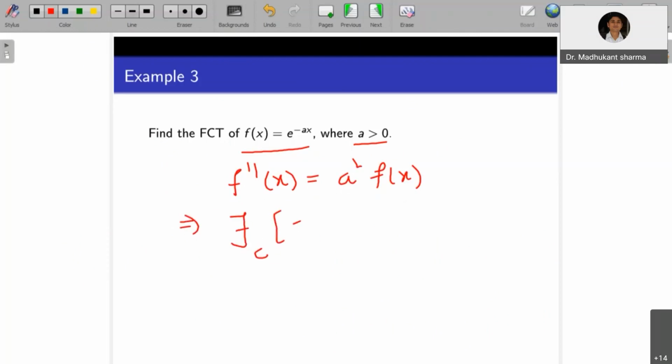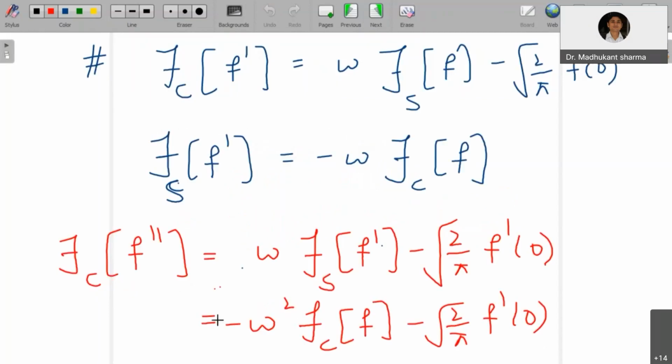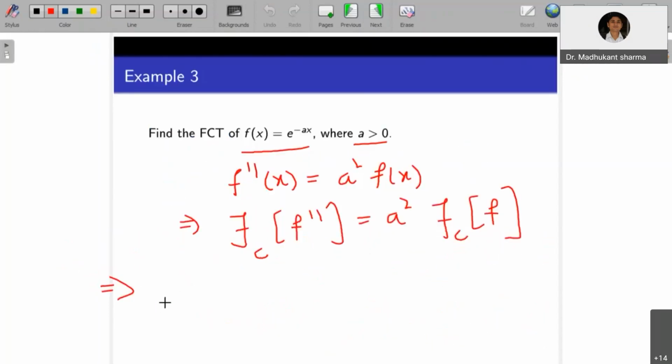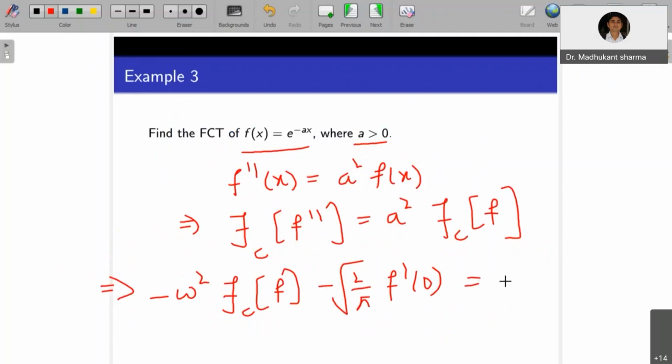The Fourier cosine transform of f double dash is equal to a squared times the Fourier cosine transform of f, since it is linear. Now, the Fourier cosine transform of f double dash, we have just derived. It is going to be minus w squared times the Fourier cosine transform of f, minus square root of 2 by pi times f dash at 0, equals a squared times the Fourier cosine transform of f.